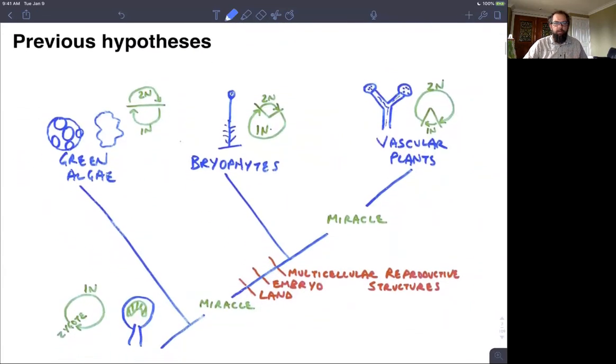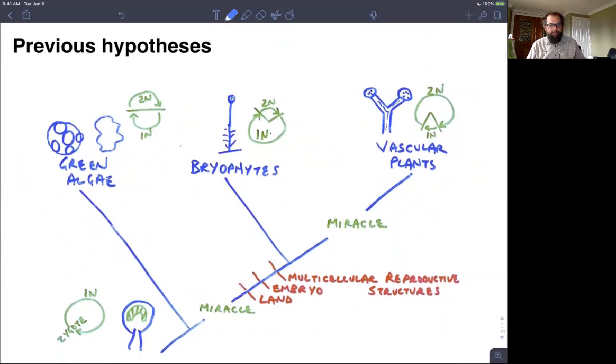Okay, so we're going to use the phylogeny throughout this, and I'll elaborate on this phylogeny to walk our way through the evolution or the transition from green algae to land plants, and also to understand the evolution of the life cycles in these groups.